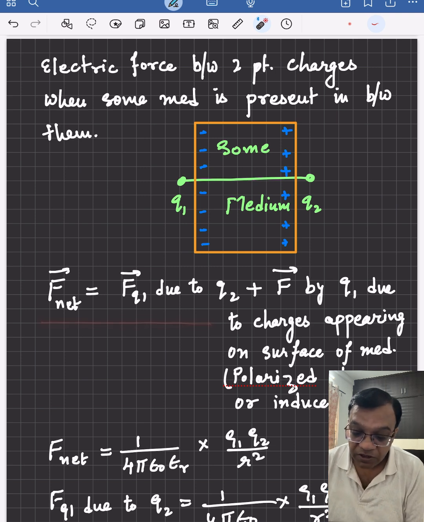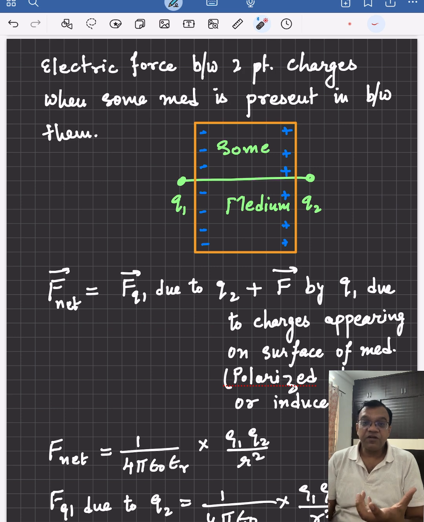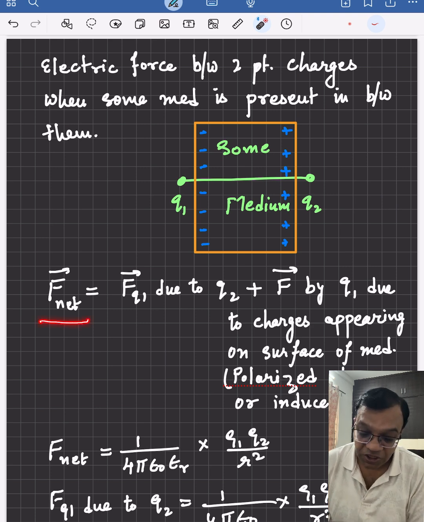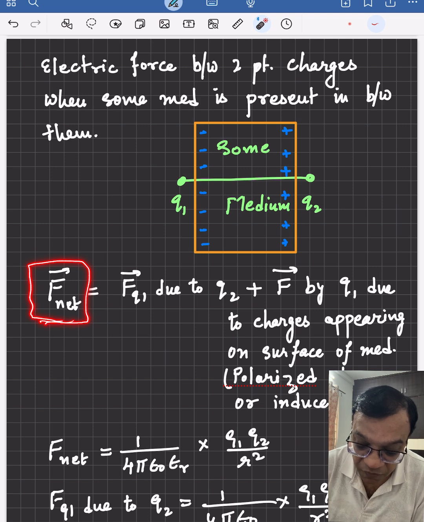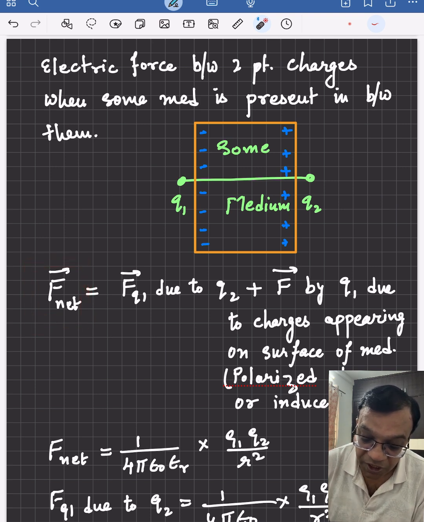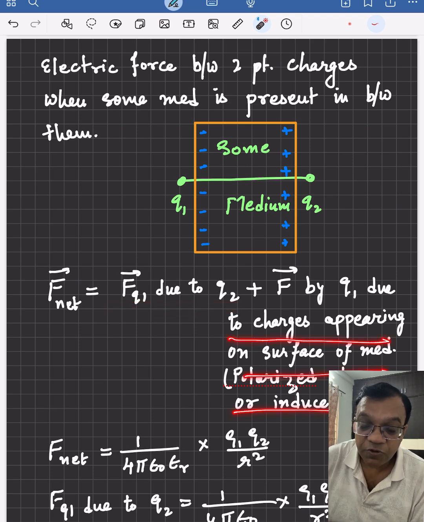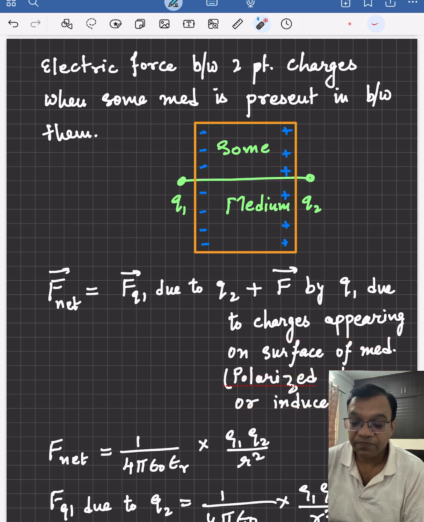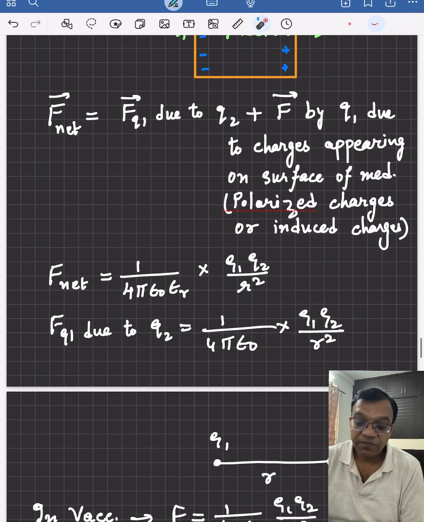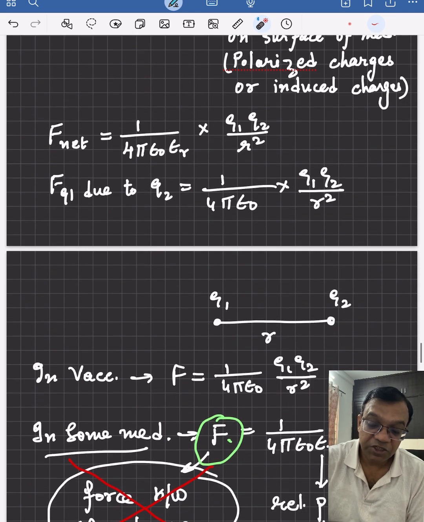Now, that polarization is happening, so those induced charges, the polarized charges, are also exerting force on Q1 or Q2. So see, the net force experienced by Q1 is one due to Q2 and the other due to the polarized charges.